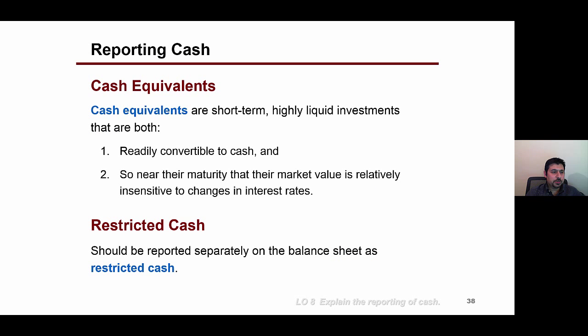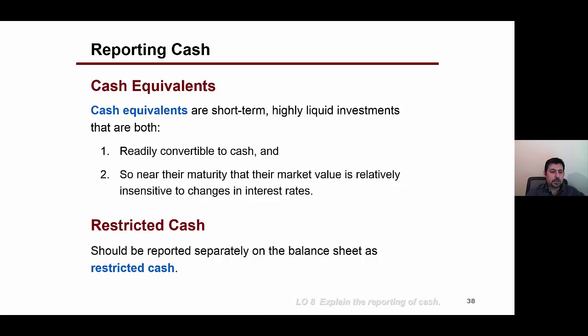With regards to reporting cash, many companies report cash and cash equivalents under current assets as the first item because they are the most liquid assets, and cash equivalents are usually short-term investments that are highly liquid.